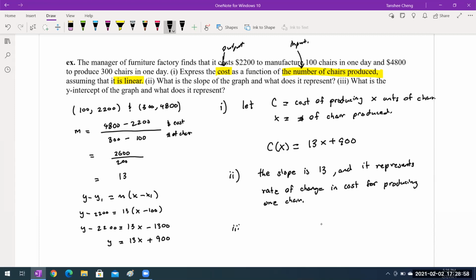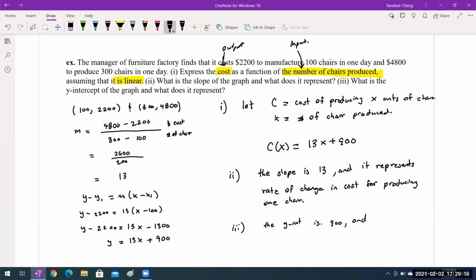And part 3 is asking what the y-intercept is, and what it represents. So the y-intercept in this case is 900, right?